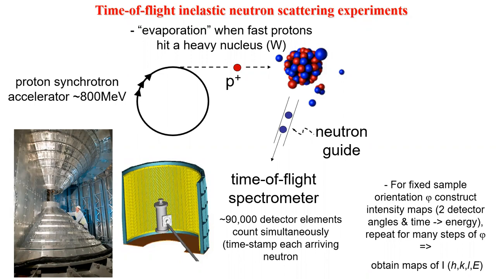These days, you have an instrument with 90,000 detectors that count neutrons at the same time. And so we have the degrees of freedom for the detector and the time, which is referred to energy. So neutrons that arrive slower have transferred some energy. And then by rotating the crystal, that's another degree of freedom. So we can obtain intensity maps as a function of HKL and energy. And so that's what I'm going to show now.